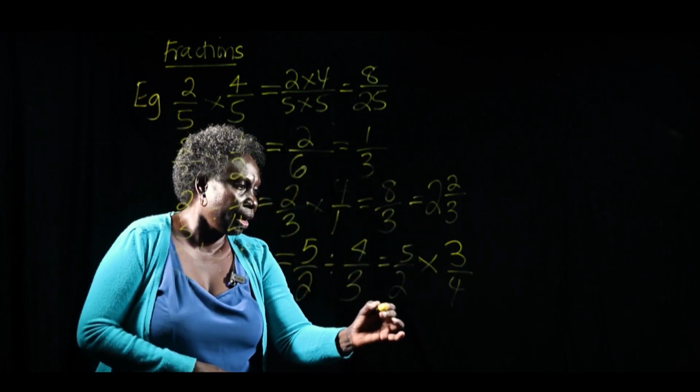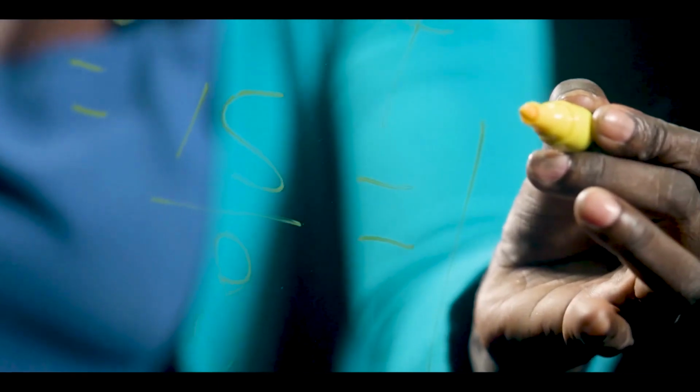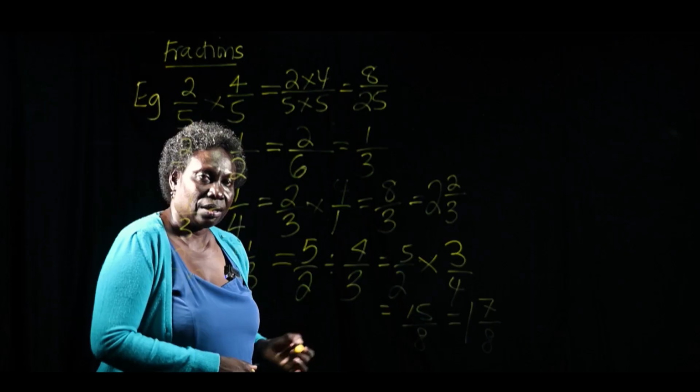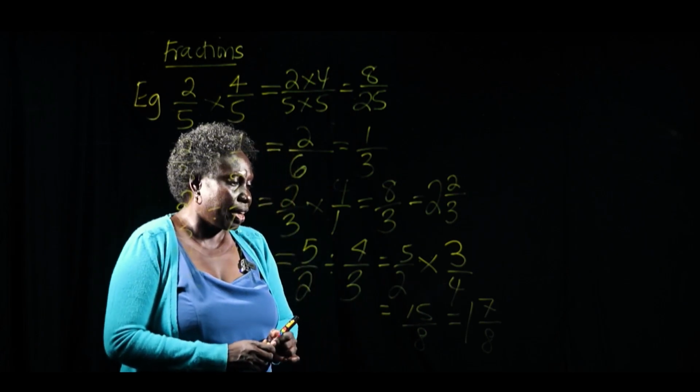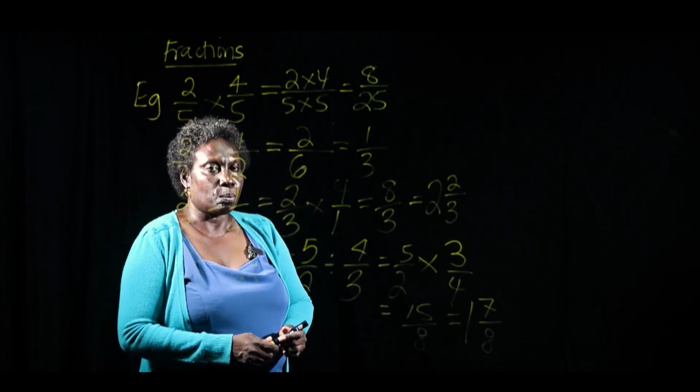Now we have 15 over 8, which is equal to 1 and 7 over 8. That is the final answer to our division problem.